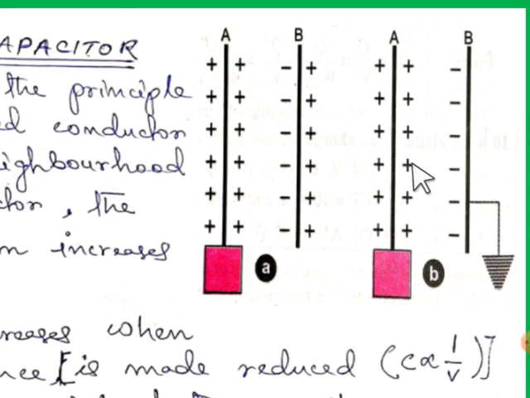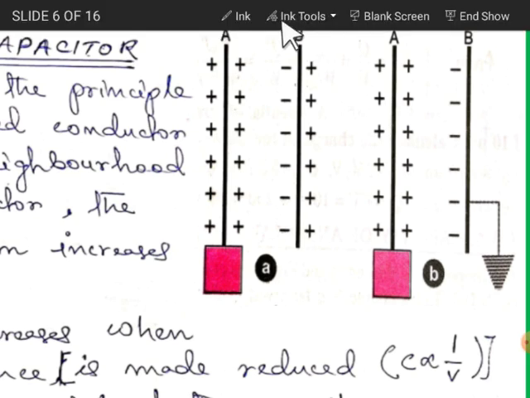Why? Because we know that capacitance C is equal to Q by V, right? So if your V decreases, then naturally the whole ratio will increase.